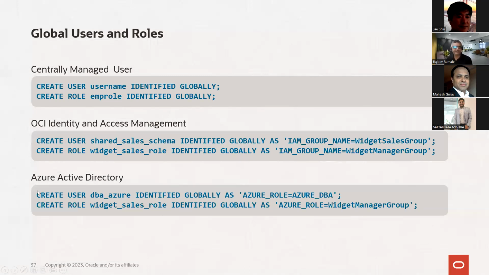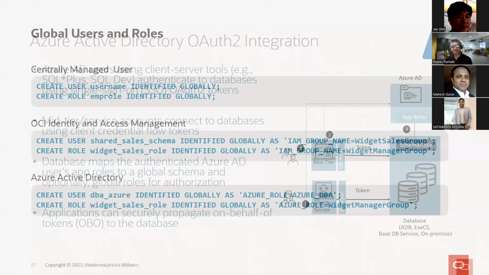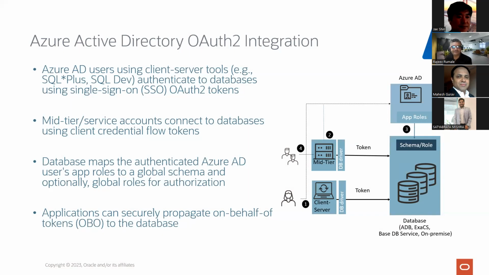And when we are creating it with Azure Directory, it will be like AZURE_ROLE equal to the role that we need and the app group that we have created, right? This is how we create a user which is authenticated externally using an Active Directory or Identity and Access Management. It's pretty simple to use.